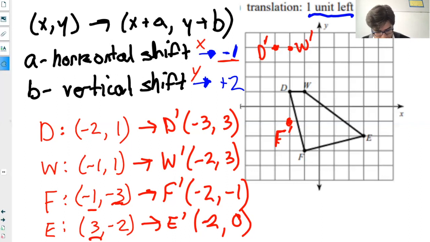And then E prime is +2, 0. Notice how that looks like a shift, 3 units up and 1 unit to the left. Okay, all right, let's look at another example.